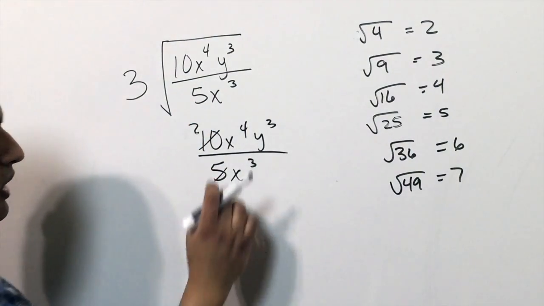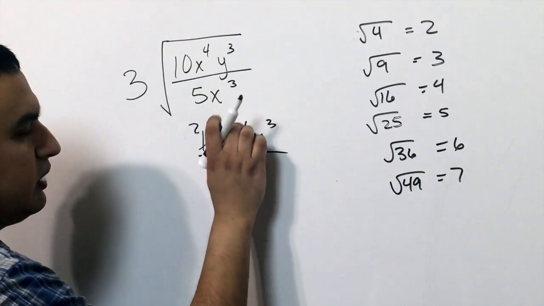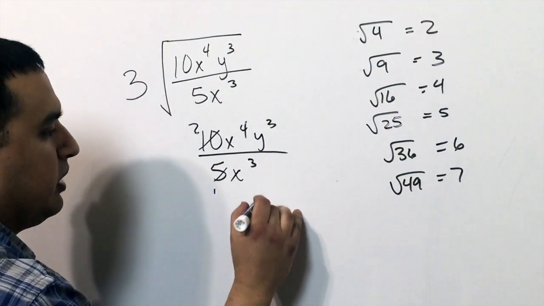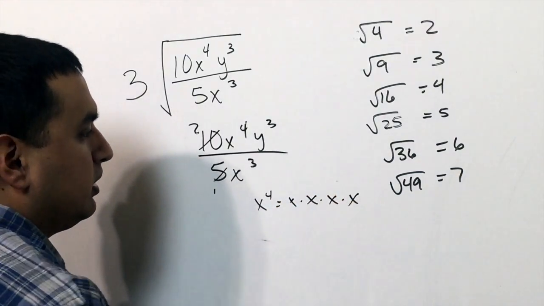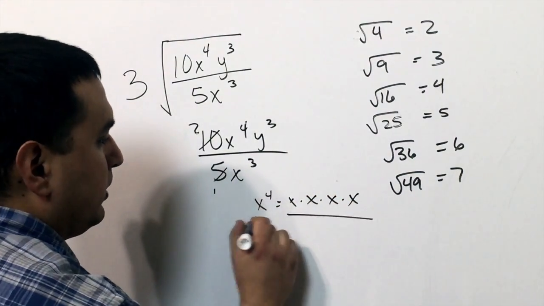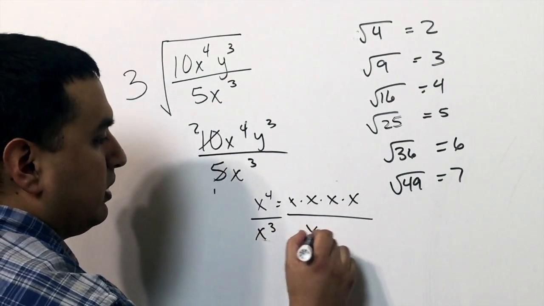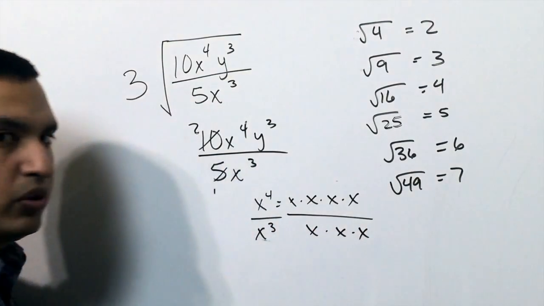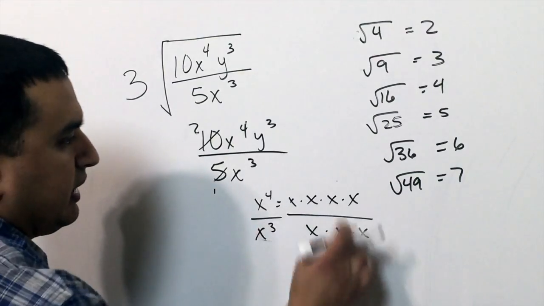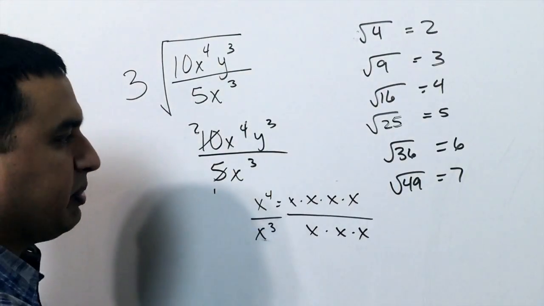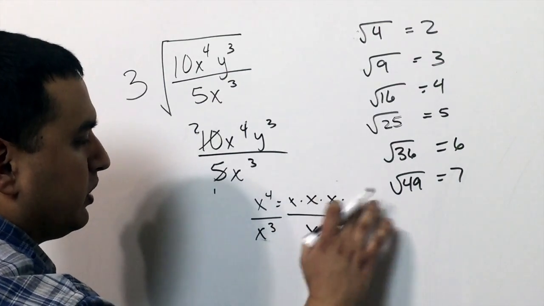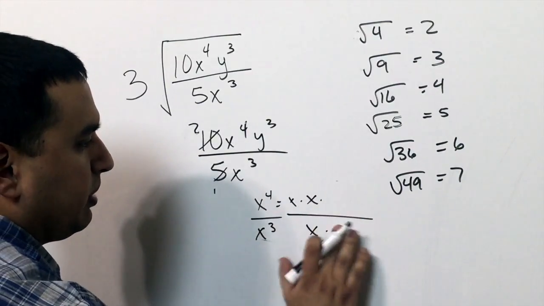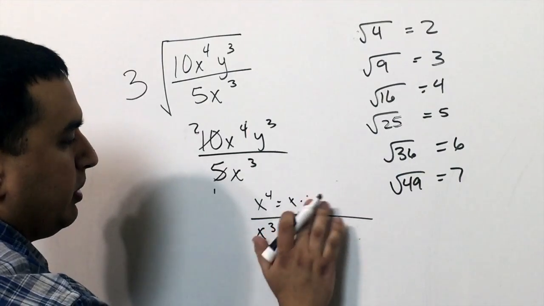Now, what I want to do here, if I got 4 x's on the top, because remember that means x to the fourth is x times x times x times x. And then on the bottom, this x cubed means x times x times x. So I can cancel these out, because x over x would just be 1. I'm marking out however many x's I can get rid of. There's a pair there, I can cancel out a pair here, and a pair here.